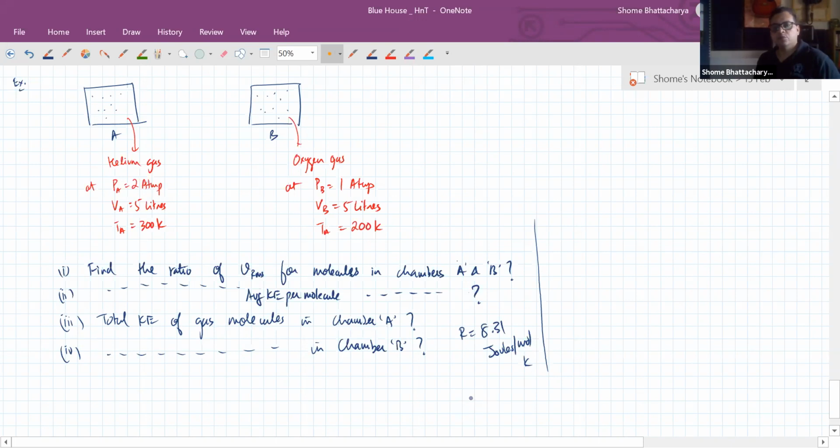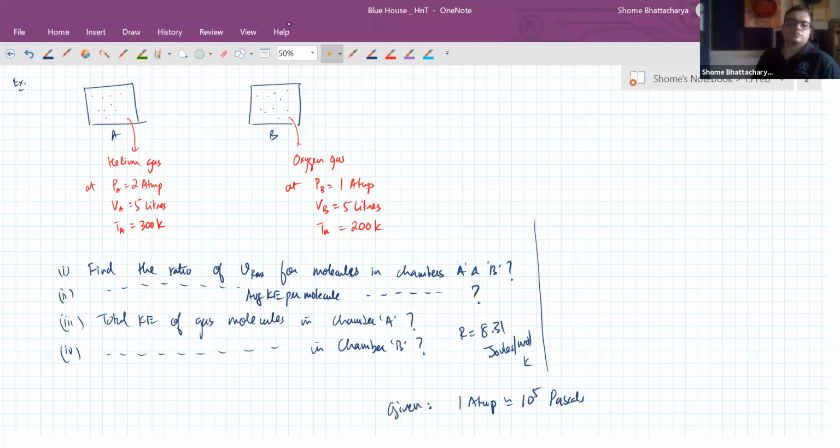You can take 1 atmosphere as 10 raised power 5 pascals. So just try this question out, people.